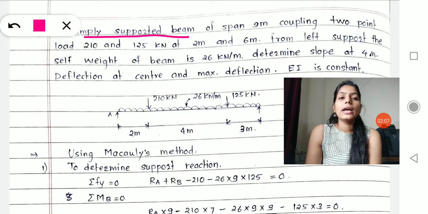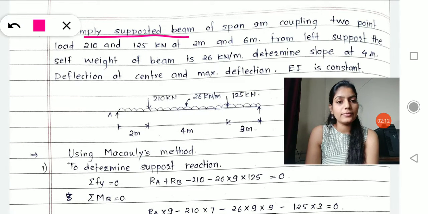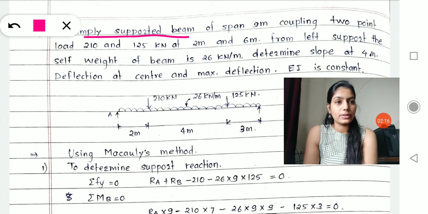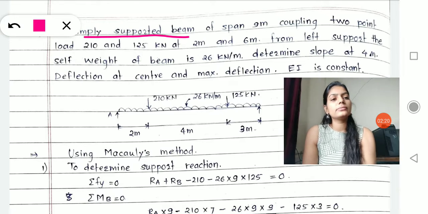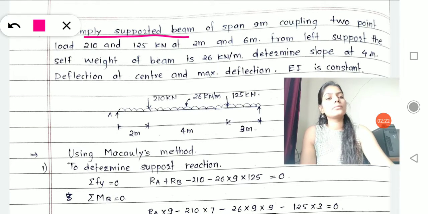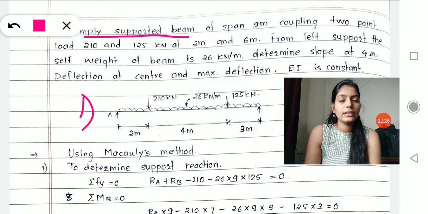Now, how to solve this problem? First of all, we will see what the steps are for Macaulay's method, or the slope deflection method. The very first step is to calculate the reactions of the given beam.